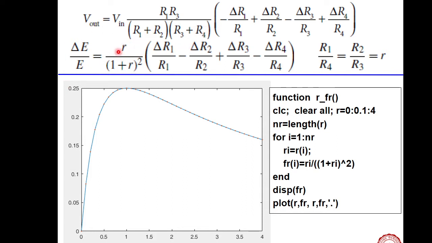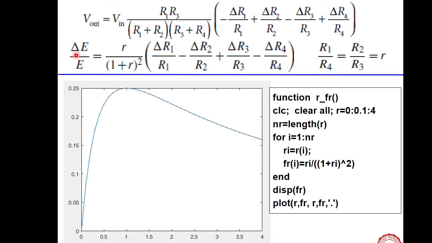So, here you see this particular value is also a contributing factor to this sensitivity. This particular sensitivity is called the circuit sensitivity.